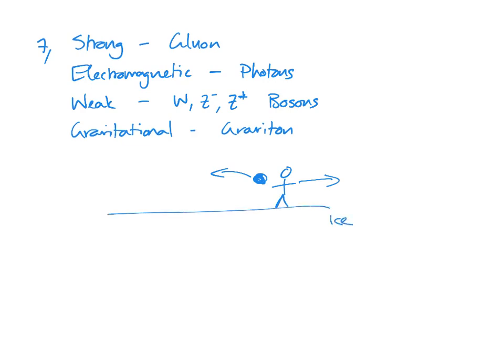When the other person catches that ball, then they will get pushed that way. So the ball is the concept of these force exchange particles. The two objects here, the two people, can exchange a particle, and that is what results in a force. It's a way of explaining a force.